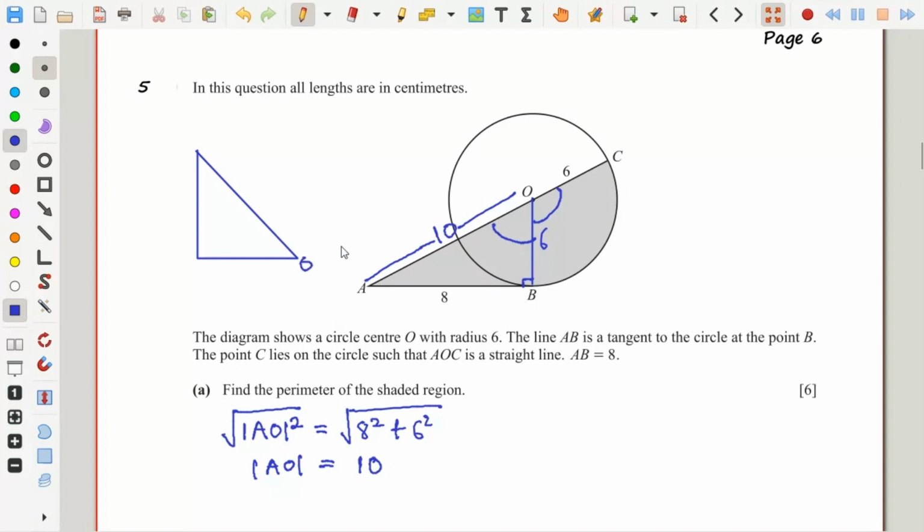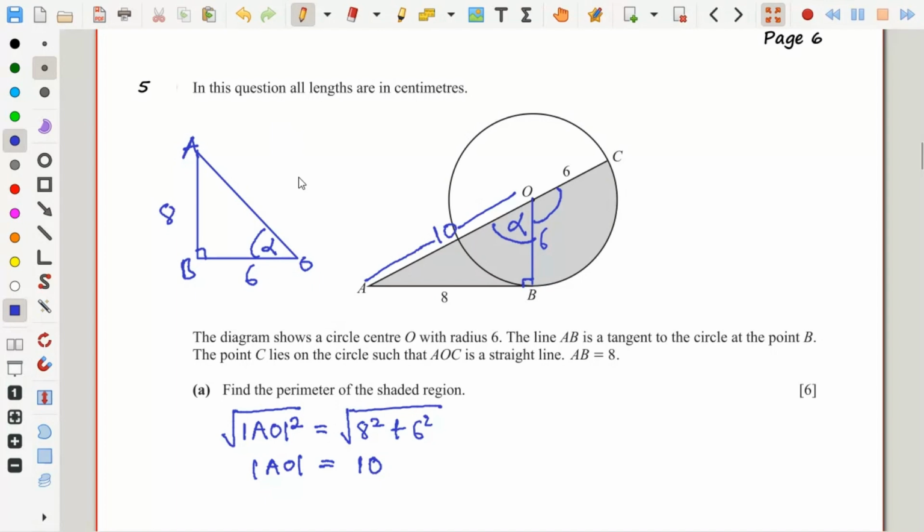So here's O, here's B, here's A. So let's say the angle here is theta, or let me make it alpha. We like using theta too much. Today I'm using alpha. Okay, AB is 8, BO is 6.